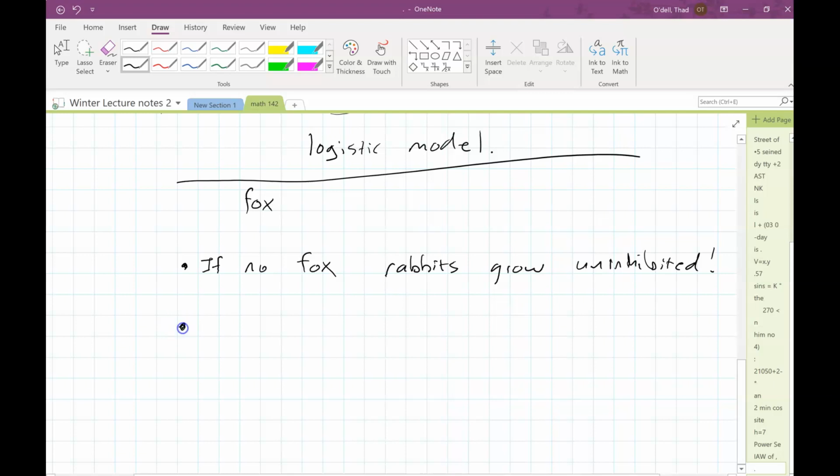Okay. Second assumption, fox eat rabbit.